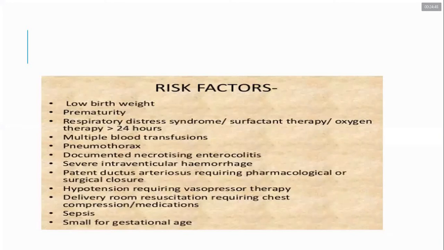They are low birth weight, prematurity, respiratory distress syndrome, surfactant therapy, oxygen therapy for more than 24 hours, multiple blood transfusions, pneumothorax, documented necrotizing enterocolitis, severe intraventricular hemorrhage, patent ductus arteriosus requiring pharmacological or surgical closure, hypotension requiring vasopressor therapy, delivery room resuscitation requiring chest compressions and medications, sepsis, and small for gestational age.